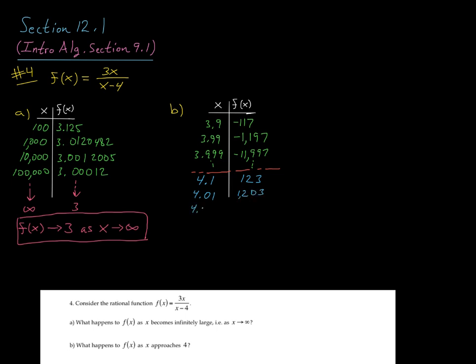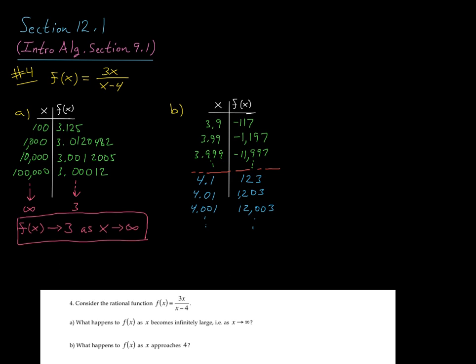Put another 0 in there, so 4.001, and I'm going to get a whopping 12,003. You can see this pattern starting to emerge. As I inch closer and closer to 4 now from the right, the y values are becoming infinitely large but positive.